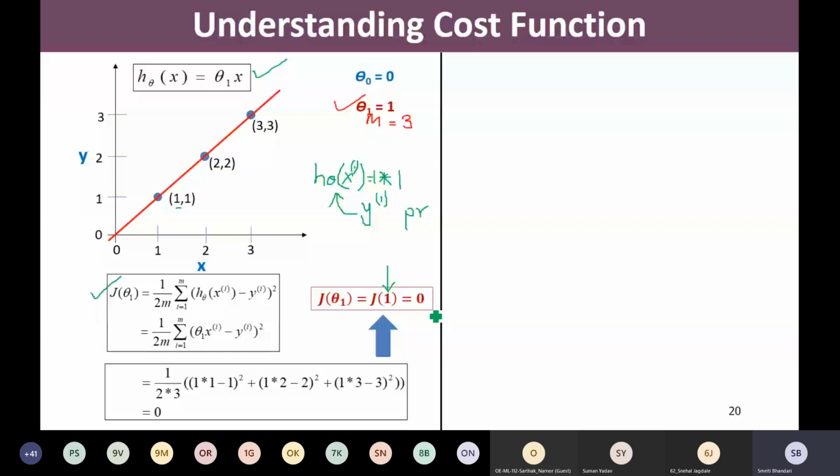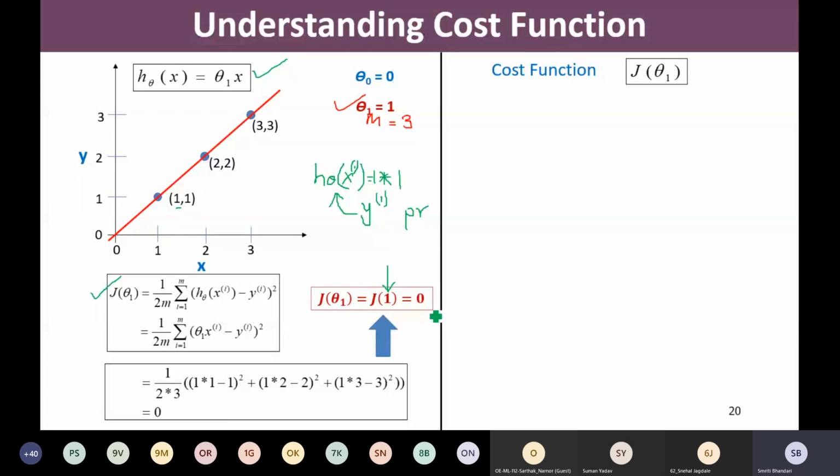Now, what I'm going to do next is, for different values of theta 1, compute the values of my cost function J. I'll repeat: for different values of theta 1, I'll be computing my cost function J, and I'll be plotting that cost function against the value of theta 1, which is the only parameter that I have.